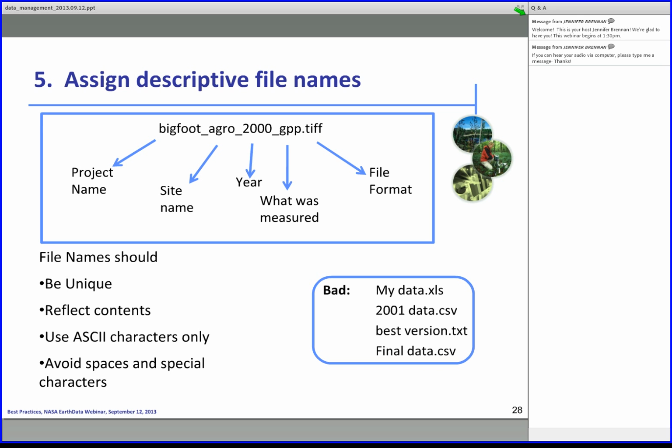We also have a couple of examples of bad file names, and we see these all the time. They're just not very descriptive, and if you have a lot of projects over a period of time, you're going to have a lot of mydata.xls files. You won't be able to tell what's in those. So if you've done this really well, you should be able to find and understand your files.